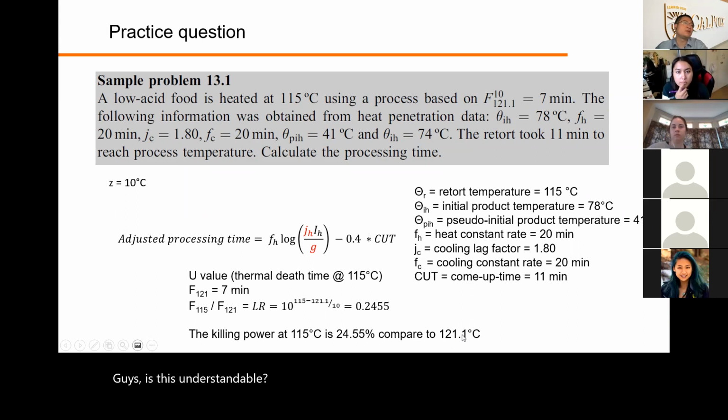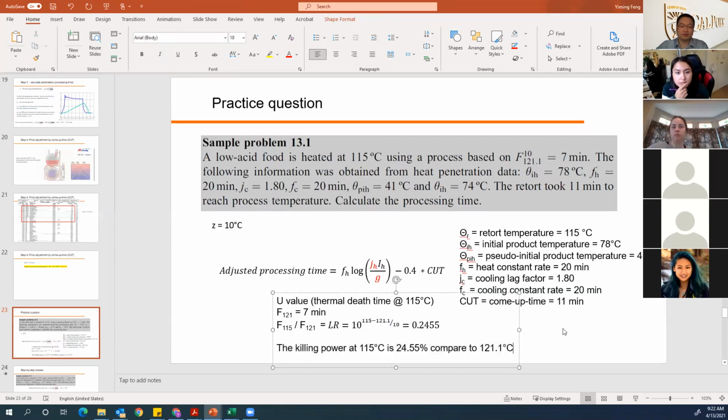So in order to reach 7 minutes of processing at 121, we need more time, right?